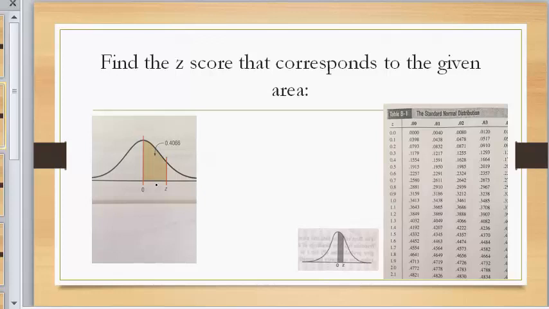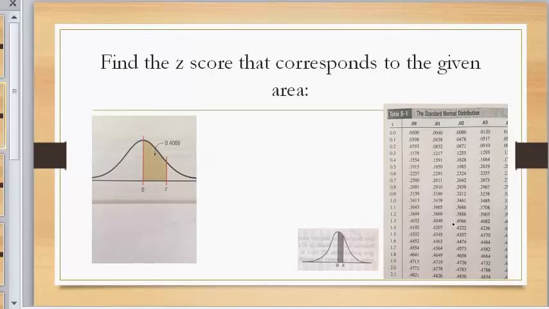So in this first case, the only thing I need to do is go to my table and look up an area of 0.4066. You do need to remember that the areas are found in the middle of the table. And so when we look up 4066, we are looking for it in the middle of the table, not down the side and across the top.